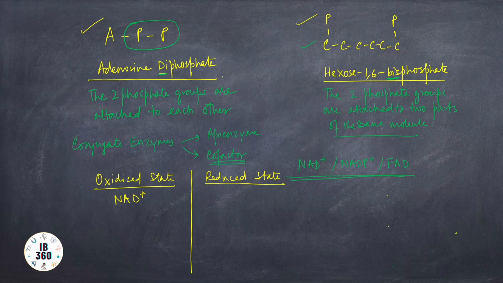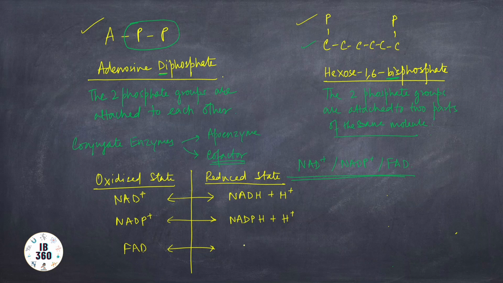If we give it hydrogen, along with the hydrogen it will gain 1 electron, so it will form NADH plus H+. Similarly, NADP+ is also electron deficient. It can gain a hydrogen atom and become NADPH plus H+. FAD, flavin adenine dinucleotide, if it gains hydrogen, will be FADH2.